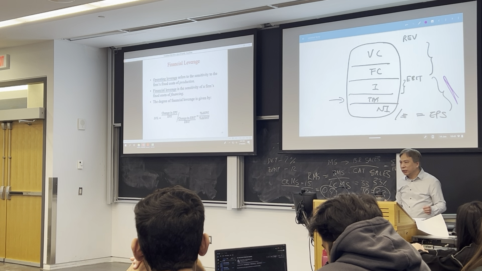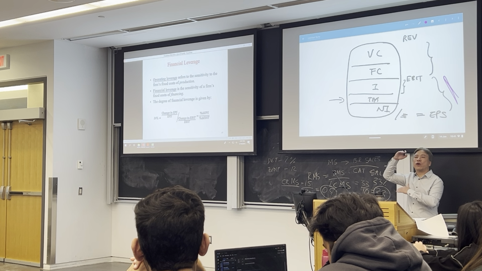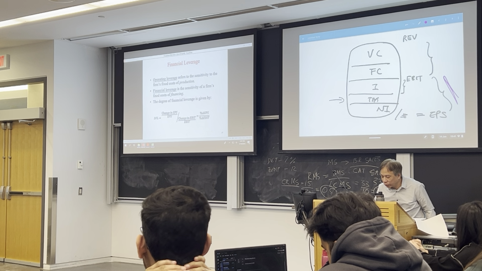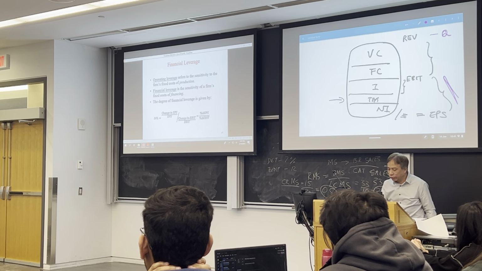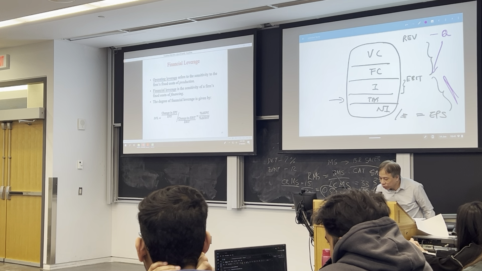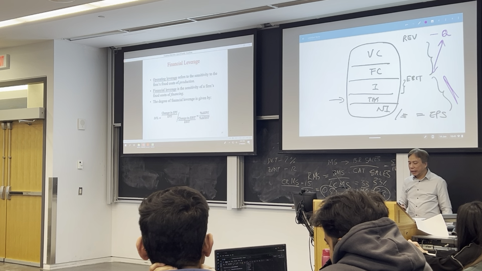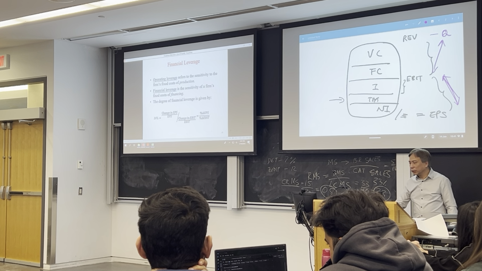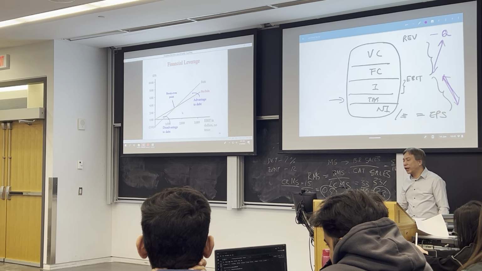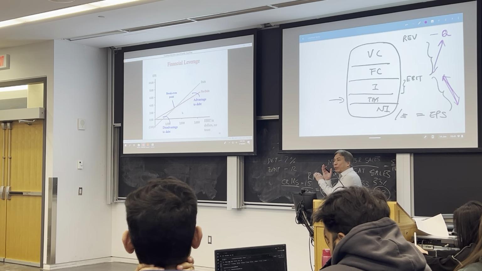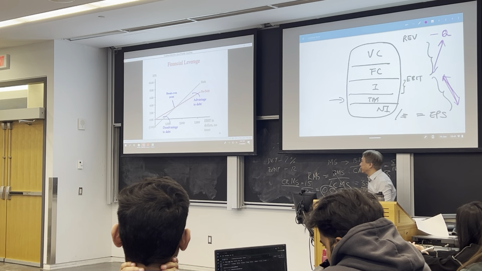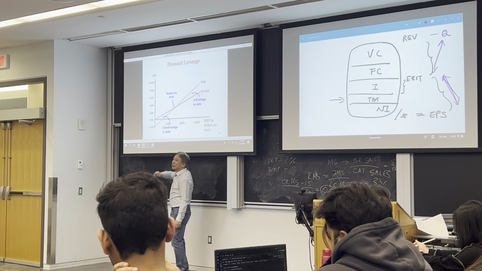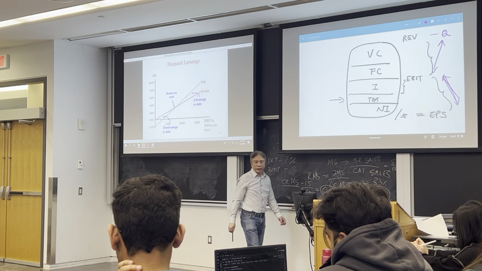It is between EBIT and earnings per share. Operating leverage is with Q, which is about the revenue, and between that and EBIT. Now it's between EBIT and earnings per share. The same thing, we can have the break-even point or indifferent point. Now in this diagram, your x-axis is EBIT and the y-axis is earnings per share.